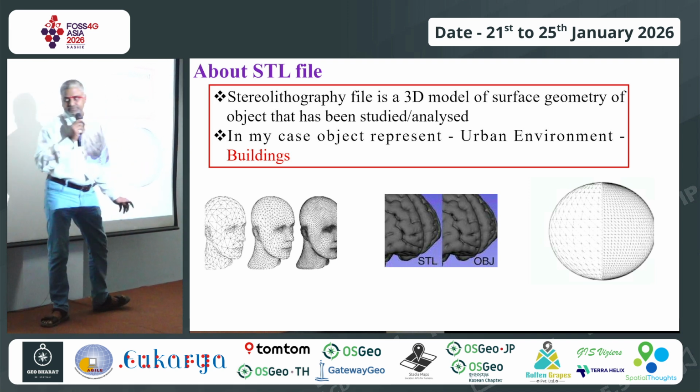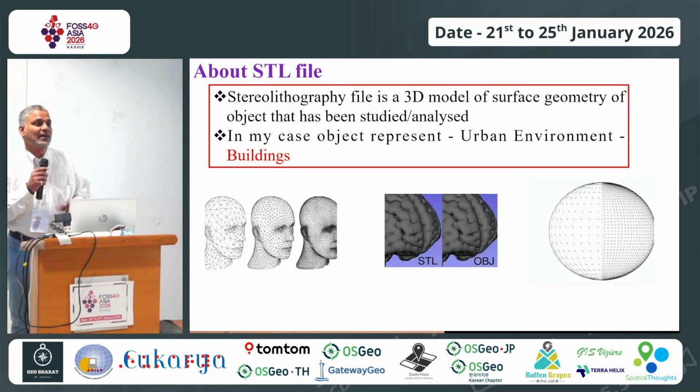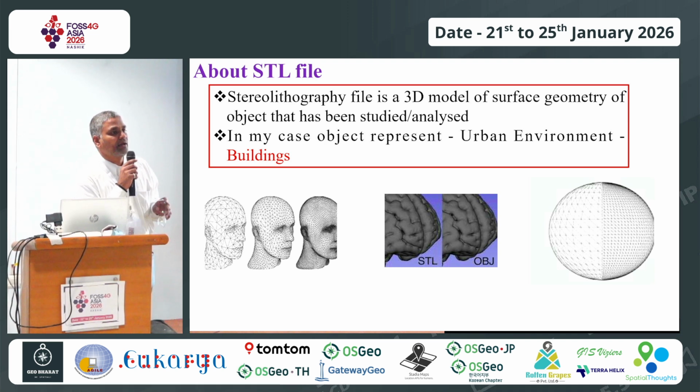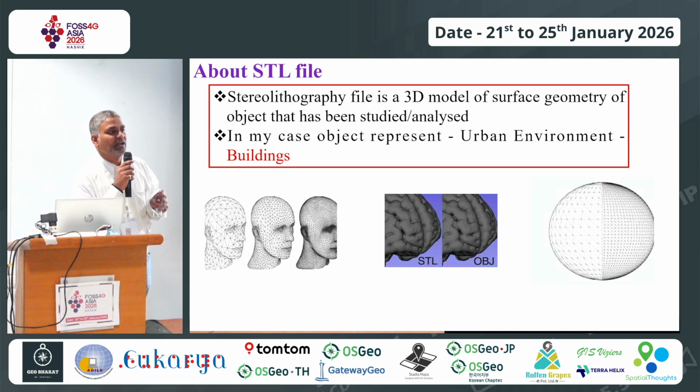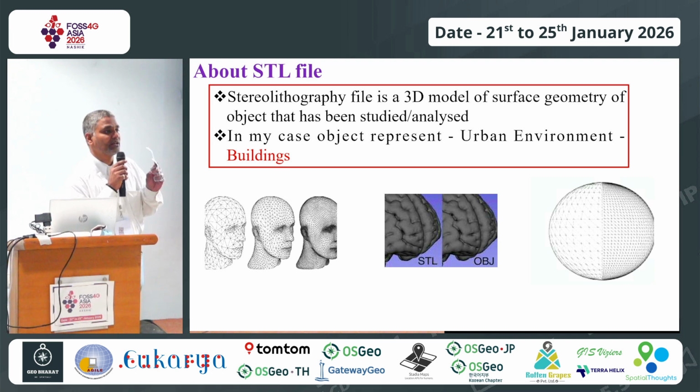Take 1 kilometer by 1 kilometer: a shapefile hardly takes less than 1 MB. The same 1 kilometer area with the objects as an STL file will go near terabytes, with urban objects and all the features. It will go enormous. That much geometry is required for analysis.